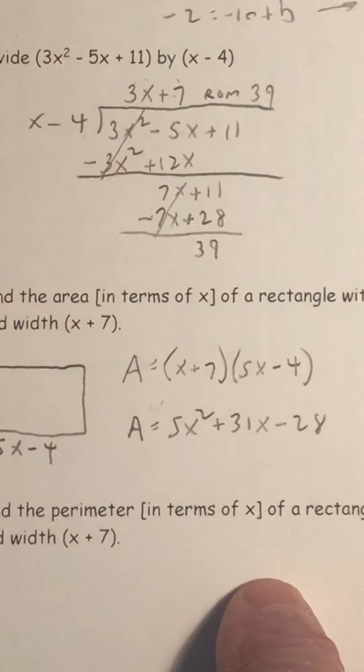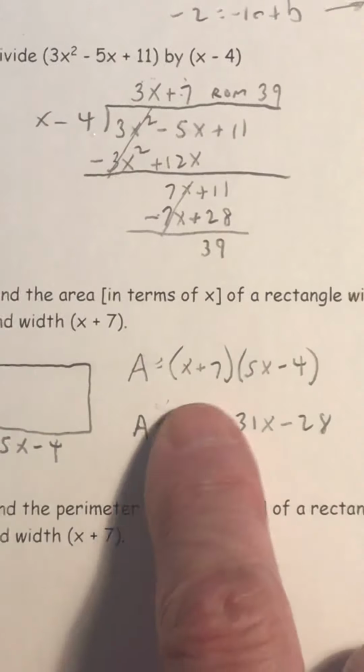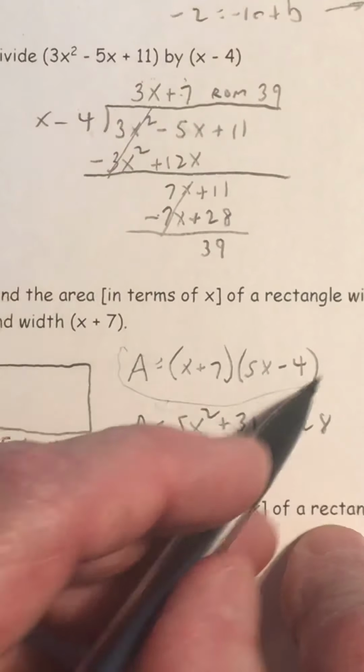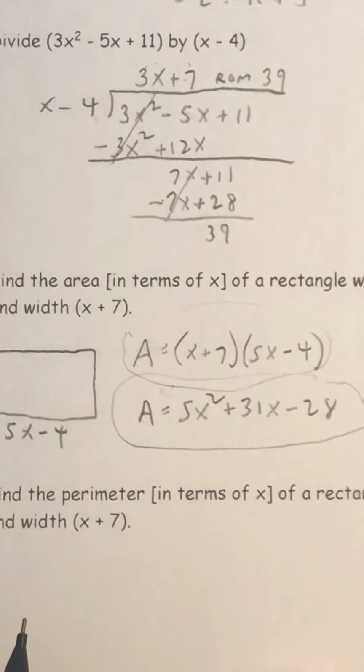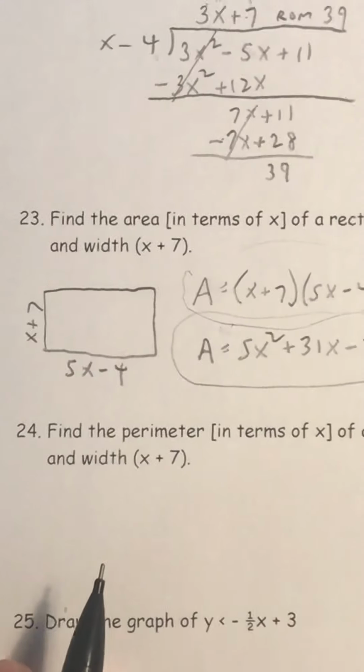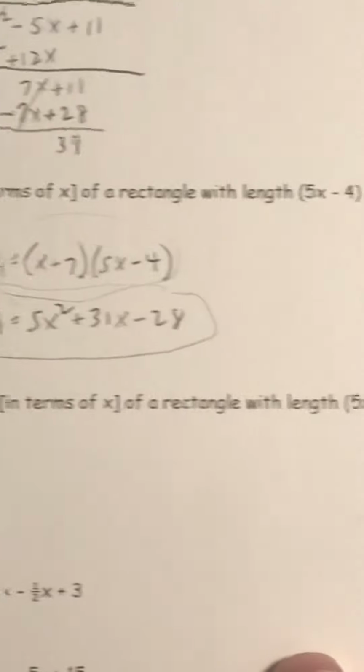Okay? So that's what that multiplies out to. But the important thing is this. This is a good enough answer right here. This is even a little bit better. Okay, length times width.